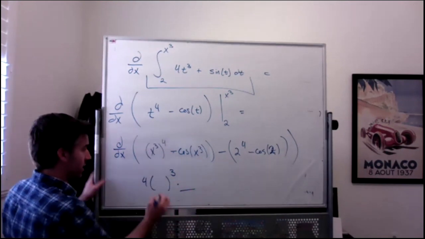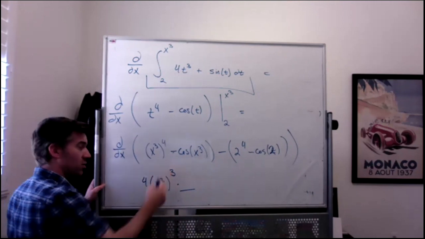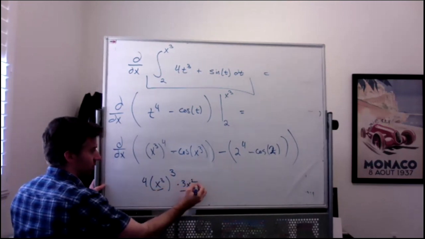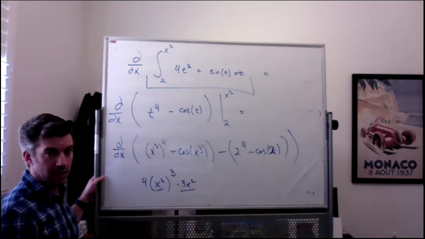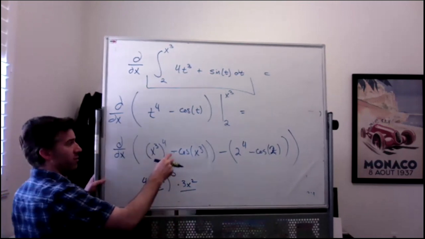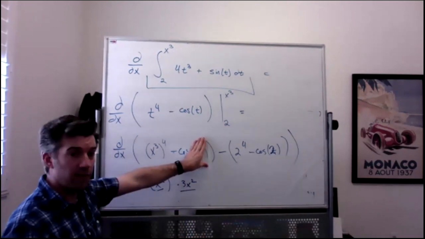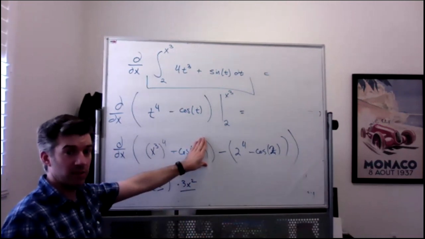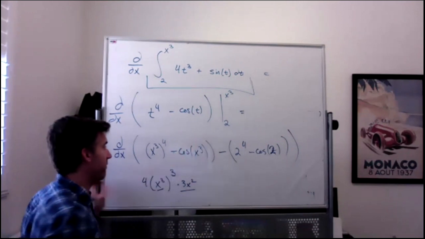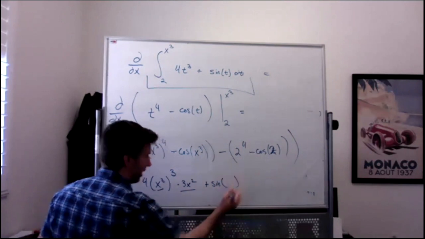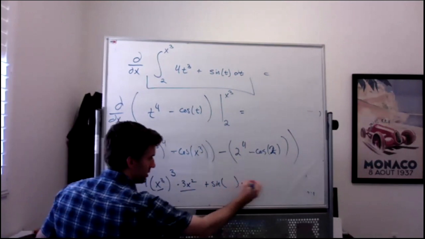So it's going to be 4 times x cubed times the derivative of x cubed, which is 3x squared. And in a similar way, the derivative of minus cosine of x cubed, well, the derivative of negative cosine of some stuff is positive sine of that same stuff times the derivative of the stuff. This is going to be plus sine of that stuff times the derivative of that stuff.